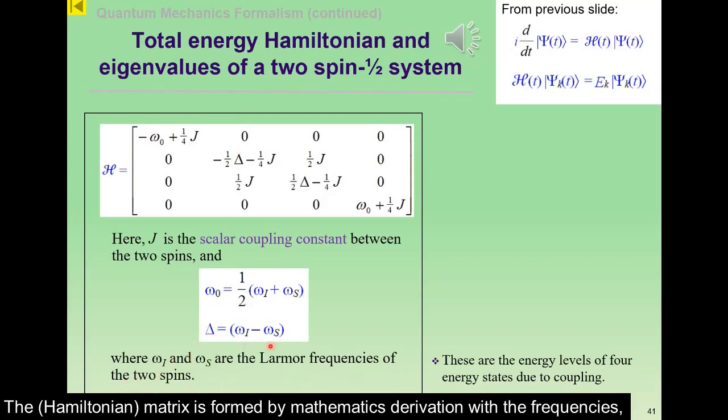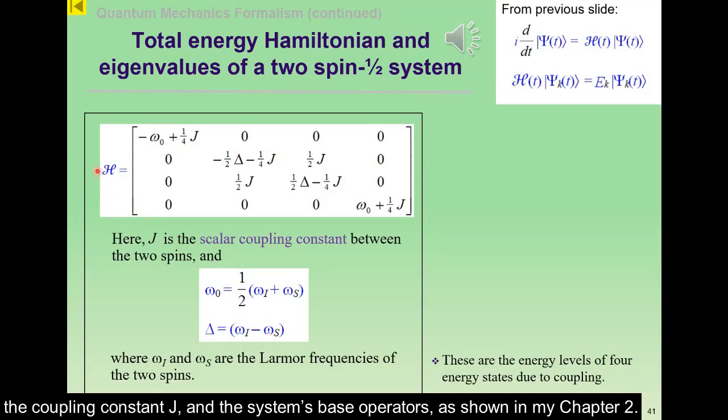The matrix is formed by mathematical derivation with the frequencies, the coupling constant J, and the system's base operators, as shown in my chapter 2.